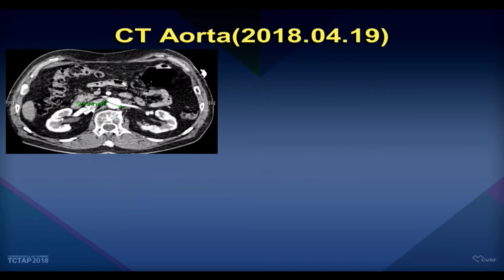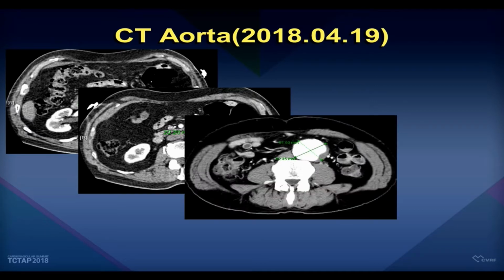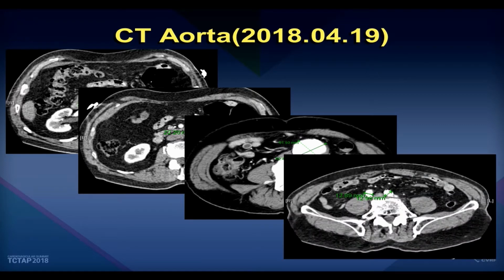Next. As you see in the CT imaging, in the renal artery region, there is a 25 millimeter length, and there is a 51 millimeter abdominal aortic aneurysm in the infrarenal area. Next.